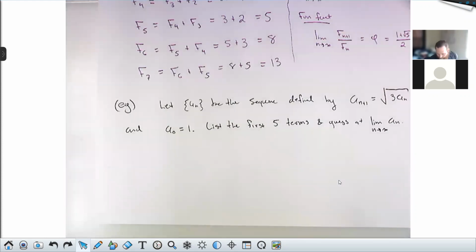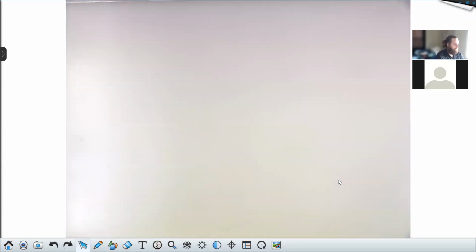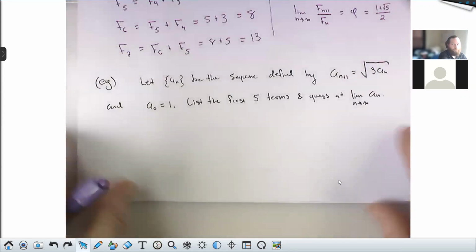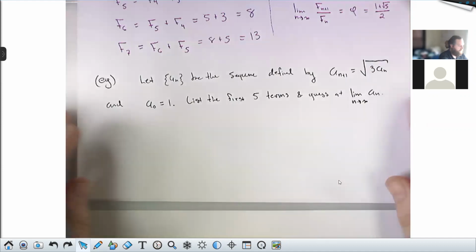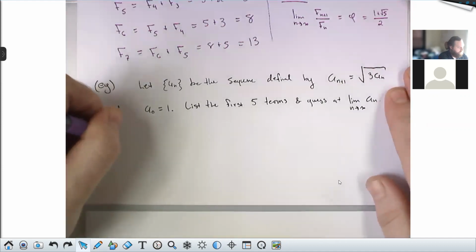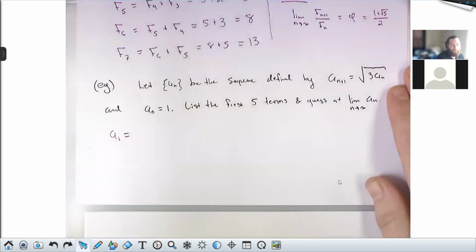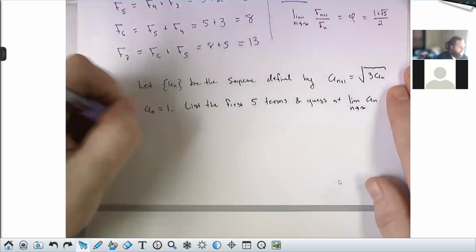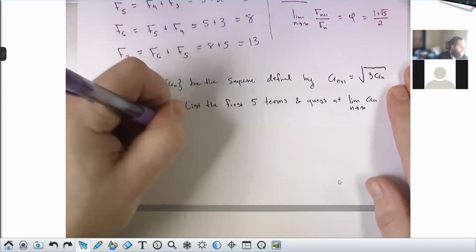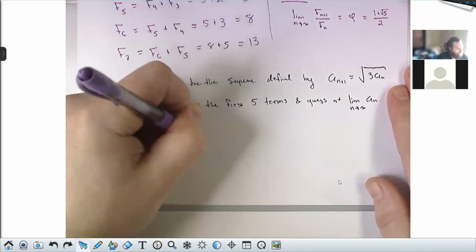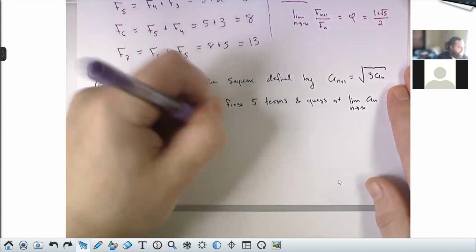So if I start listing terms, I was told that a_0 is 1, so that starting term there is 1. a_1 would, according to my recurrence relation, be the square root of 3 times a_0. And a_0 is 1, so this is the square root of 3 times 1, or just the square root of 3.